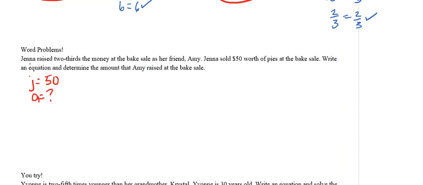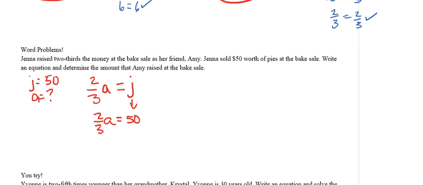So Jenna raised 2/3 the amount as Amy raised. So this is going to be 2/3 of Amy is equal to Jenna. Because we know that Jenna raised 50, we can replace that J with the 50. And this is the equation that you want to start off with.